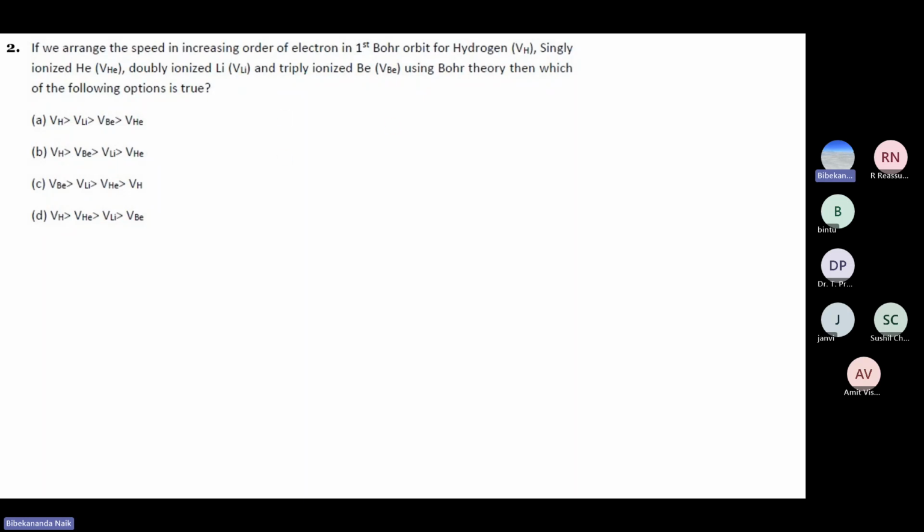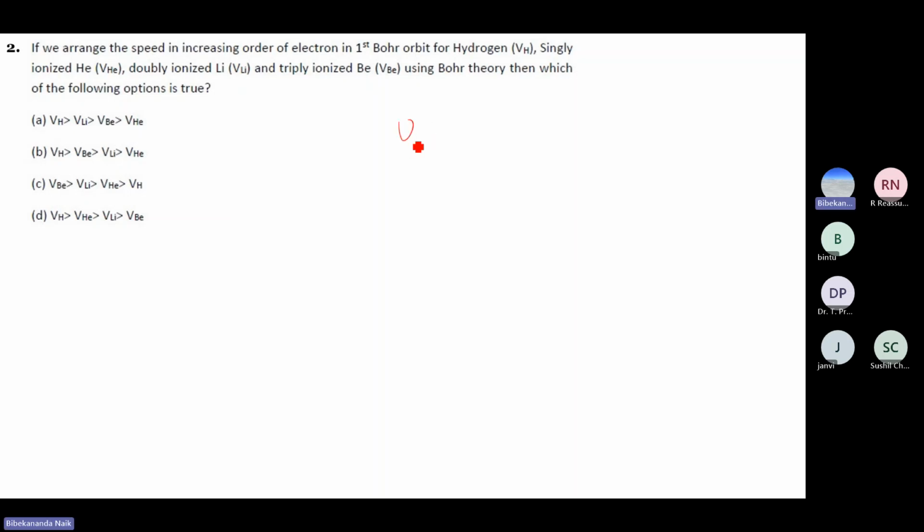According to Bohr's theory, the velocity or speed of an electron in an energy level is given by V_n = Z squared divided by 2 epsilon 0 n h, where n corresponds to the quantum number, n equal to 1 for the first Bohr orbit, which is given in the question.